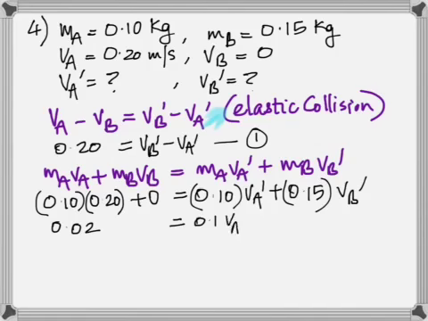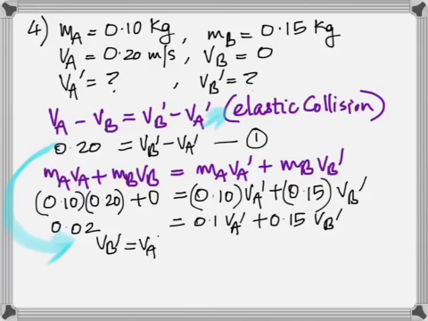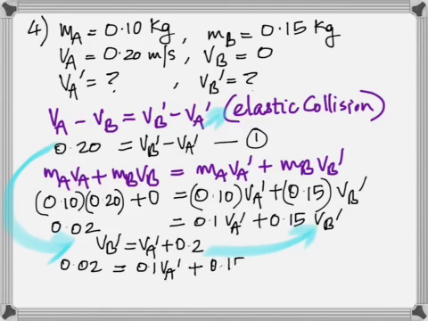So from equation 1, if you make v_B prime the subject, you get v_B prime is v_A prime plus 0.2. Take that and substitute into v_B prime here. You get 0.02 is equal to 0.1 v_A prime plus 0.15.